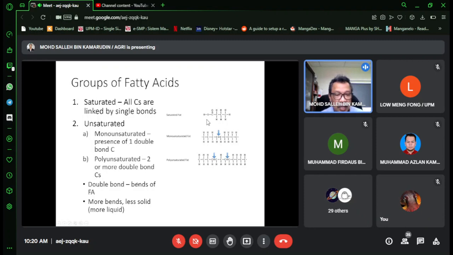And a double bond is a bond, not bonds of fatty acid. It binds the fatty acid together.